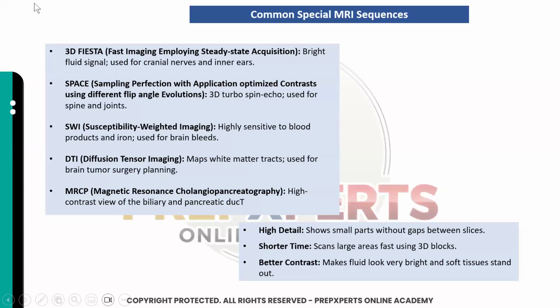High resolution imaging. T1 was actually disease.